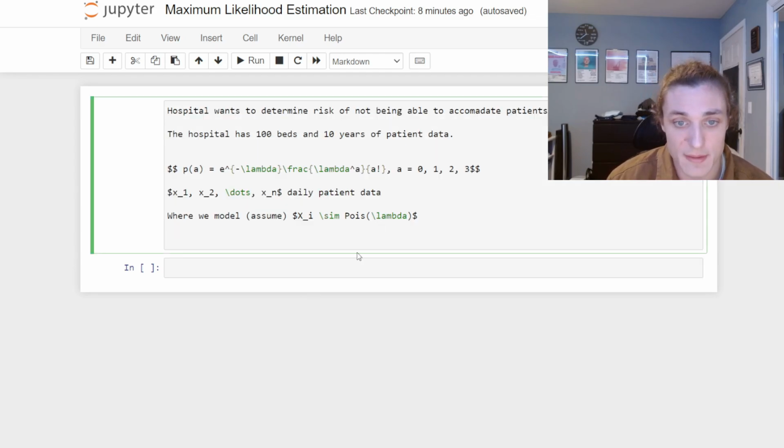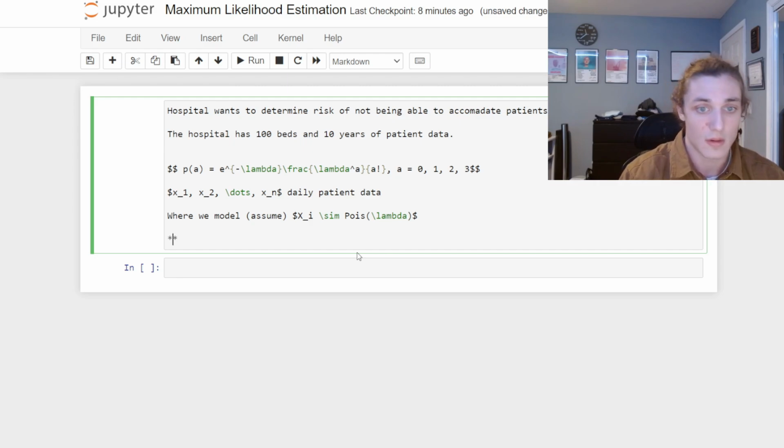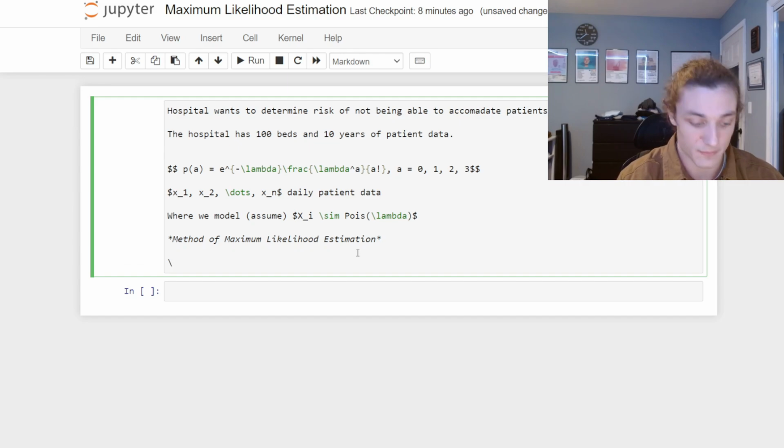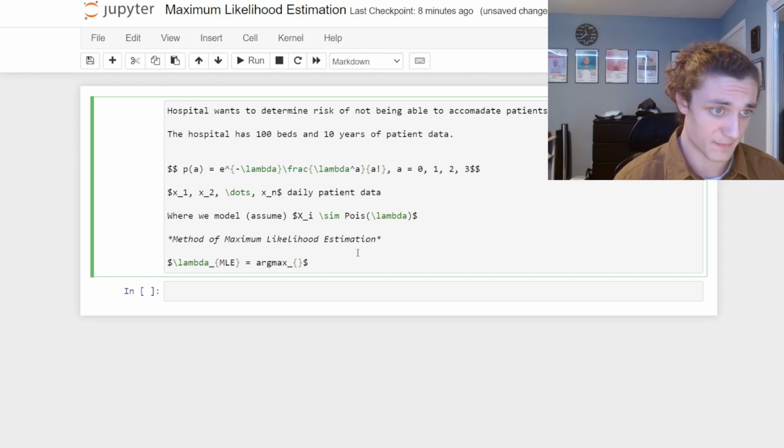Let's talk about the method of maximum likelihood estimation. Okay, so I'm just going to use lambda, and I'll call it lambda MLE. This is the same thing as argmax, so this is pretty much how we're going to find the parameter, or the estimate rather, that yields the highest likelihood of having seen this data.